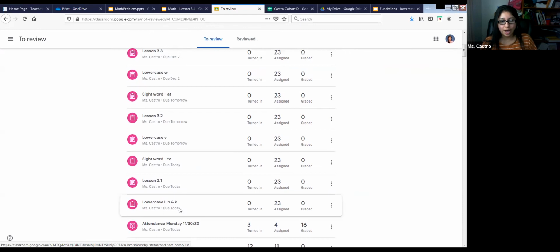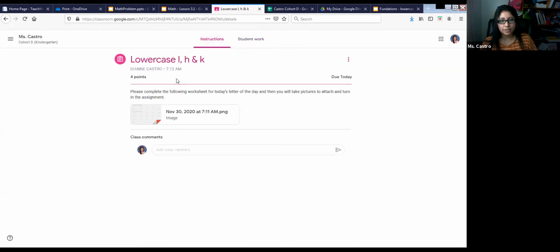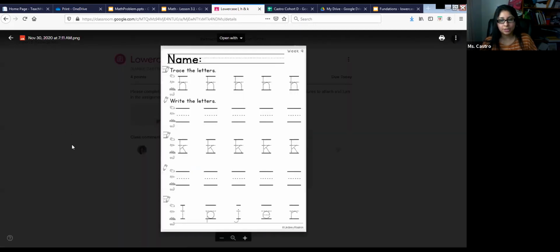For today we have this lowercase letter sheet. It's a review of L, H, and K. So they focus on the letters H and K. So you trace the row of H, then you form your own H on each line. Then on the next row, you trace the lowercase k. And remember, the lowercase k, when you have to go in and touch the line, you do it at the plain line, not the skyline.